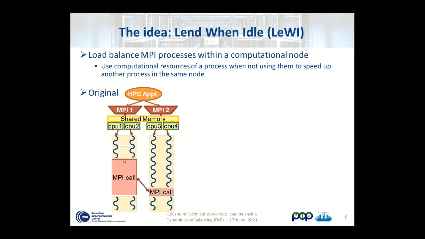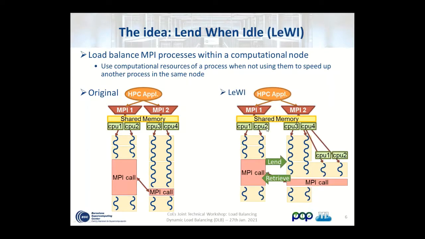Then it waits in an MPI blocking call, while the other process is doing its computation. What we propose is that when the first MPI process finishes its computation, it lends its two CPUs to the other MPI process running in the same node. This way, the second MPI process can use 4 CPUs and finish the computation faster.